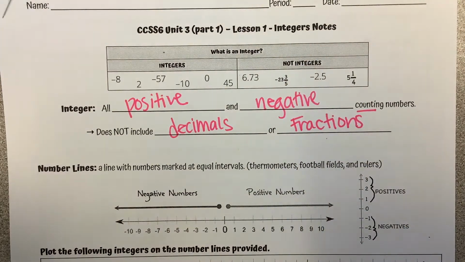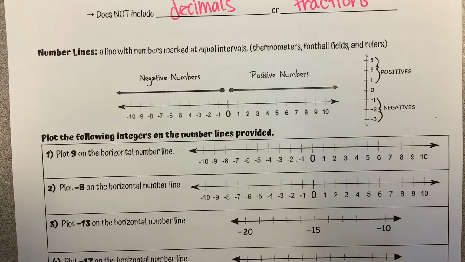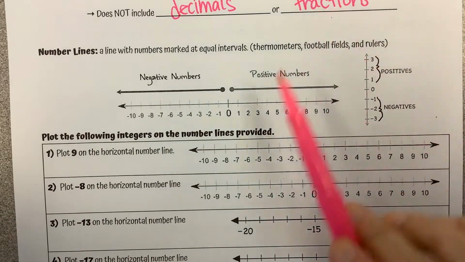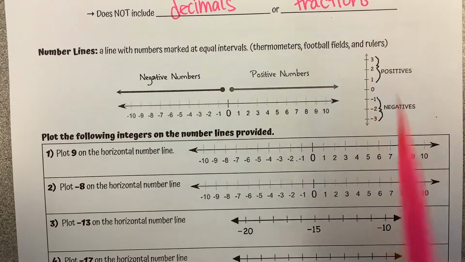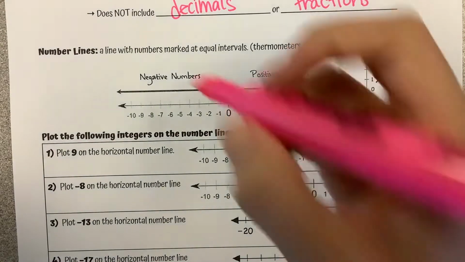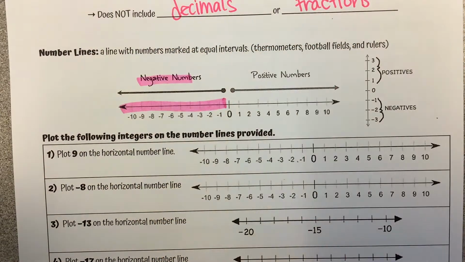Okay. When we're looking at number lines, number lines are a line with numbers marked at equal intervals. Real life applications of that: thermometers, football fields, rulers. They have numbers marked at equal intervals on them. When we are looking at a number line here, our negative numbers are as we go to the left.